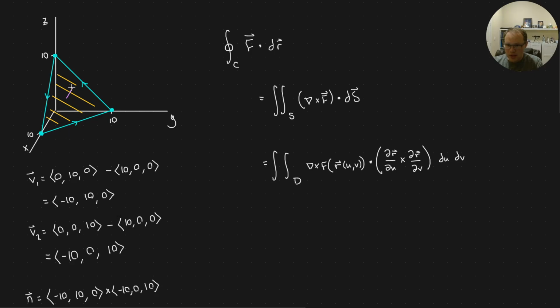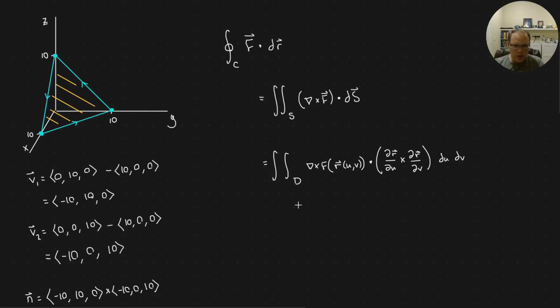Okay, coming out of the screen, out towards your face. 1, 1, 1 is pointing exactly the direction we want it to go. If it's not, then our answer will just be the negative of what we want. So if our orientation is wrong, no reason to panic. Just throw a negative in front and it will correct for the wrong orientation. All right. In this case, the orientation is correct. The normal we're getting is the way we want it to be for Stokes theorem to work.